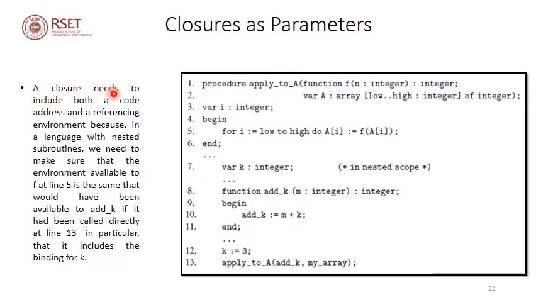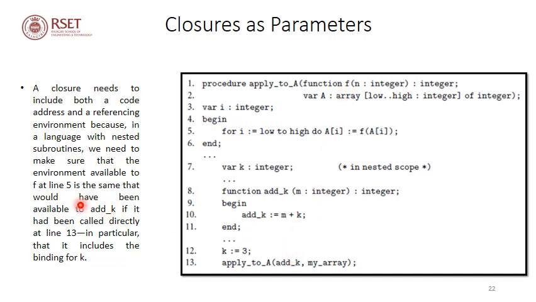A closure needs to include both the code address and a reference environment, because in a language with nested subroutines, we need to make sure that the environment available to f. So f is actually add k. F is the formal parameter name for the closure add k.